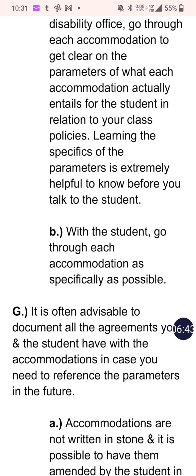And this doesn't take very long, but you need to do this so that both of you are clear on, say, what a late policy means, or if they are requesting that they have a recording device.